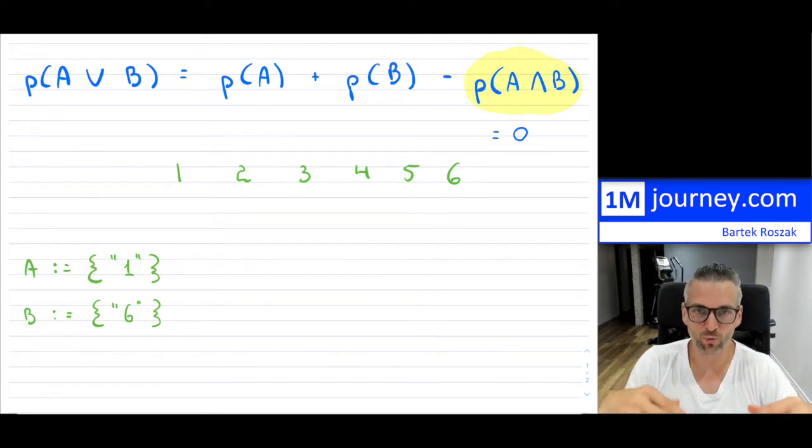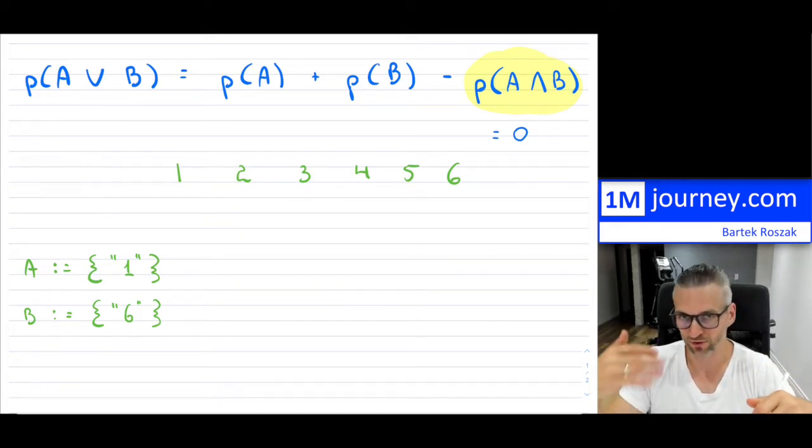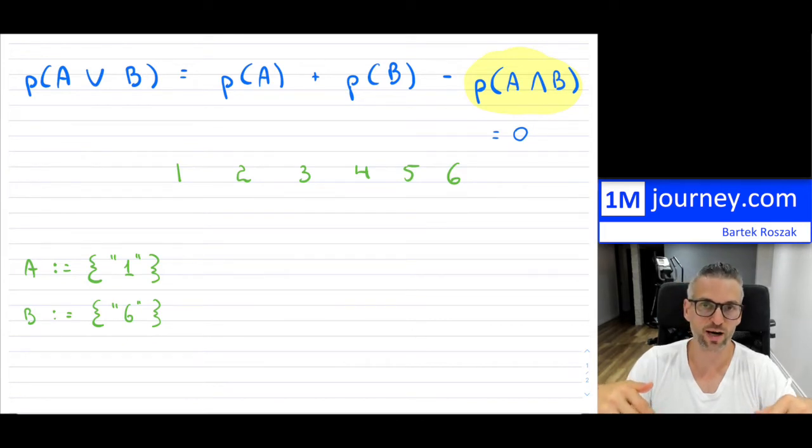You can't have a 1 and a 6 at the same time unless you start rolling the die multiple times. Then maybe on the first try you roll a 1, and on the second you roll a 6. But if you're just rolling it once, both can't happen at the same time. So these two would be mutually exclusive.